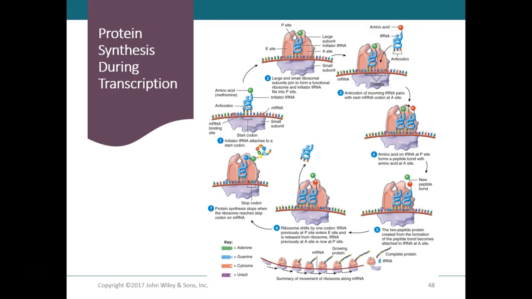So the next one that comes in forms a peptide bond with the one before it. And that creates a polypeptide chain. Once we get to the end of that messenger RNA, no more tRNA molecules can come in. When no more tRNA molecules can come in, we're at the end of that polypeptide chain.